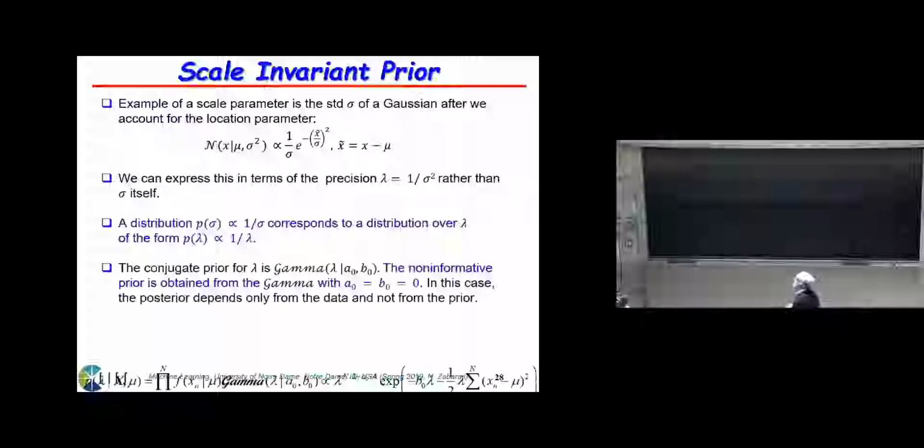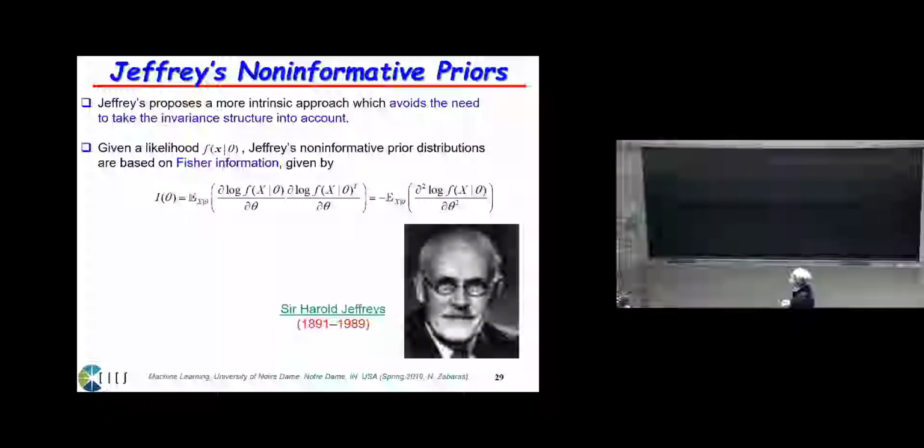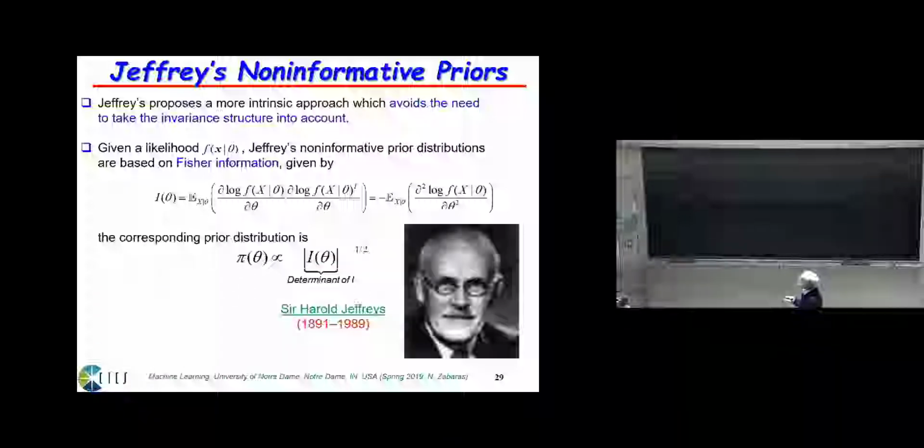Okay, and then just to finish up the summary, we introduced the Jeffreys prior by taking this expectation with respect to the probability of the data of the second derivative, with respect to the parameters, of the log likelihood, and then taking this matrix, taking the determinant square root, that's the prior, that's Jeffreys prior.